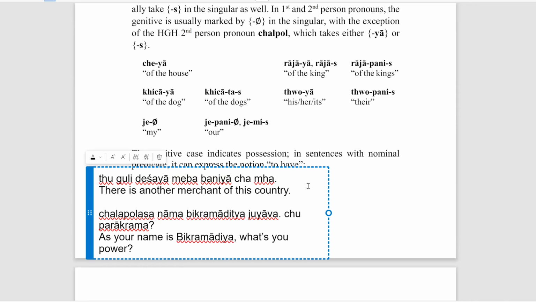This is a classifier for inanimate things. But it doesn't seem necessary because we had Va Deshaya before, right? Yeah, Tol Deshaya is okay. And Tol Guli Deshaya is because it's like this certain country. A little bit of difference, but not too much. And then Deshaya is country in the genitive. Yes, exactly. Meba is probably another. Yes. And then Baniya is merchant. Yes.